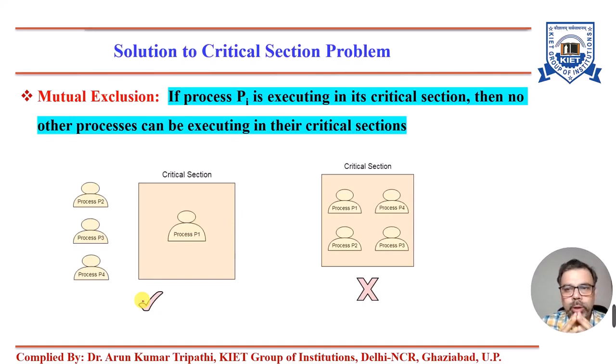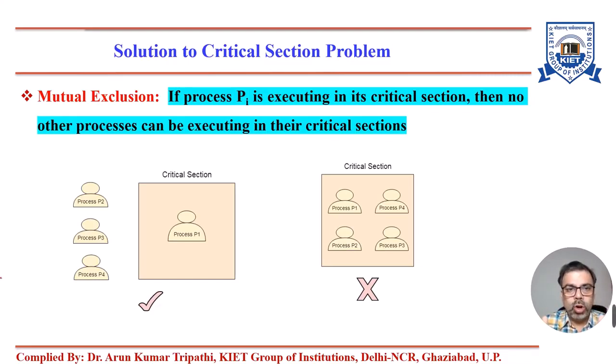So for the critical section problem, there should be three points that are the solution of the critical section problem. First one is mutual exclusion. As I have already discussed, mutual exclusion means one process can enter into a critical section at a time.